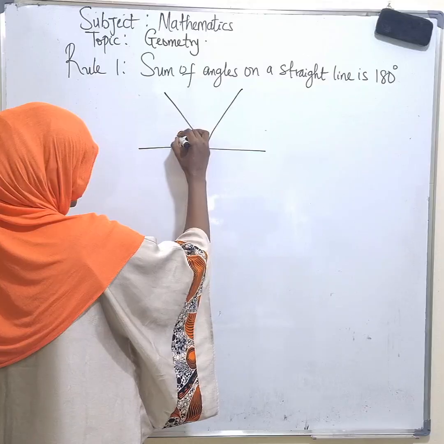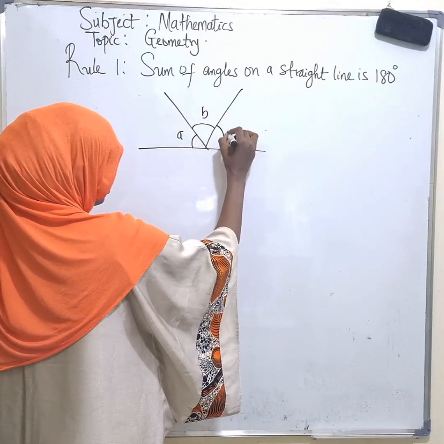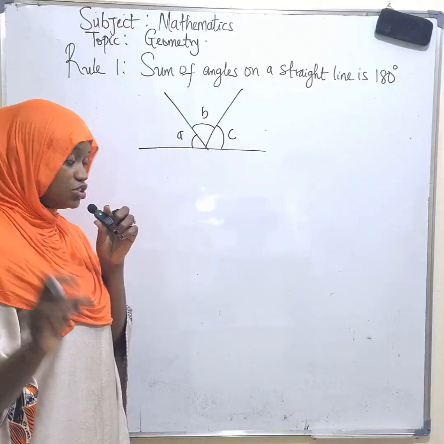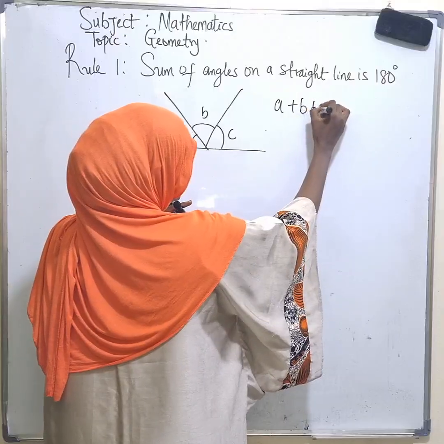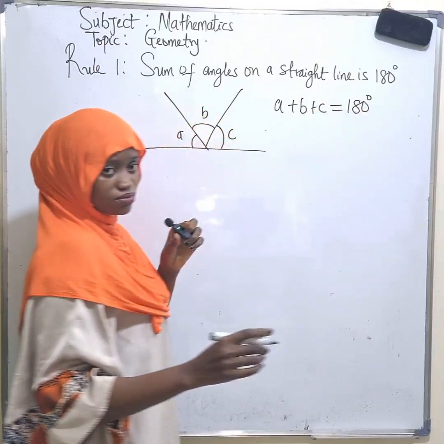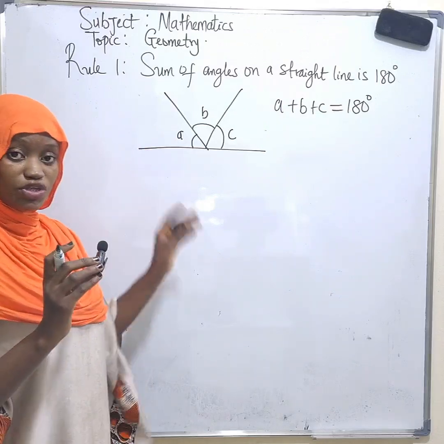Let's call this angle A, let's call this angle B, and the last angle here is C. If you sum the angles, sum means addition, right? So if you add A plus B plus C, this gives us 180 degrees, right? This is the first rule we need to know.